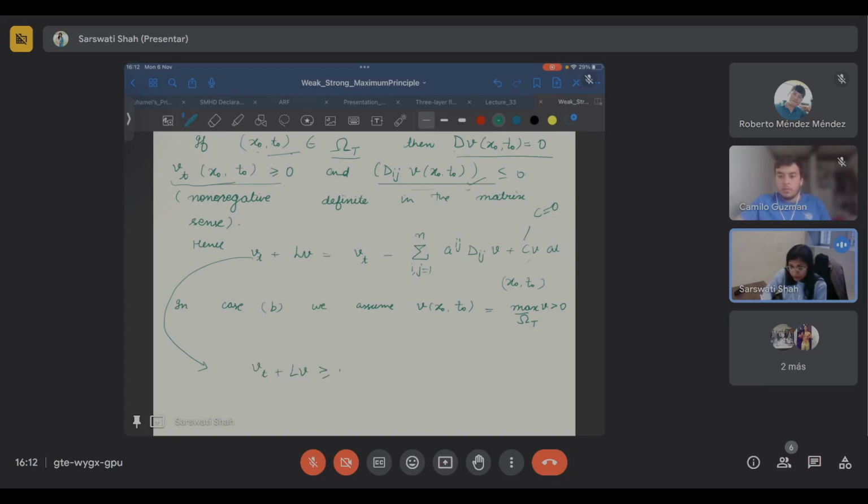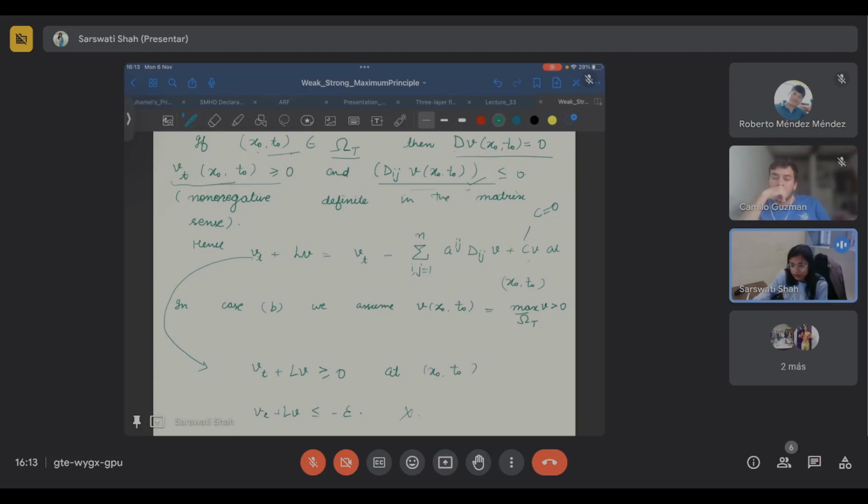Plus LU is greater than or equal to 0. It's not T naught. Then Dt plus LV is less than or equal to minus epsilon.